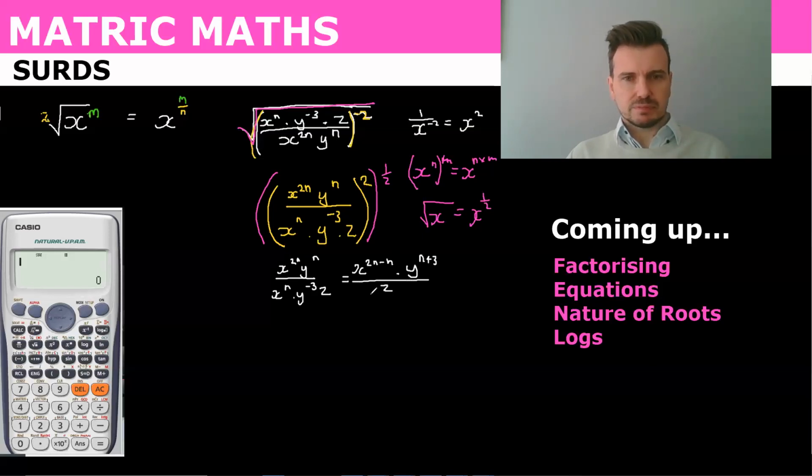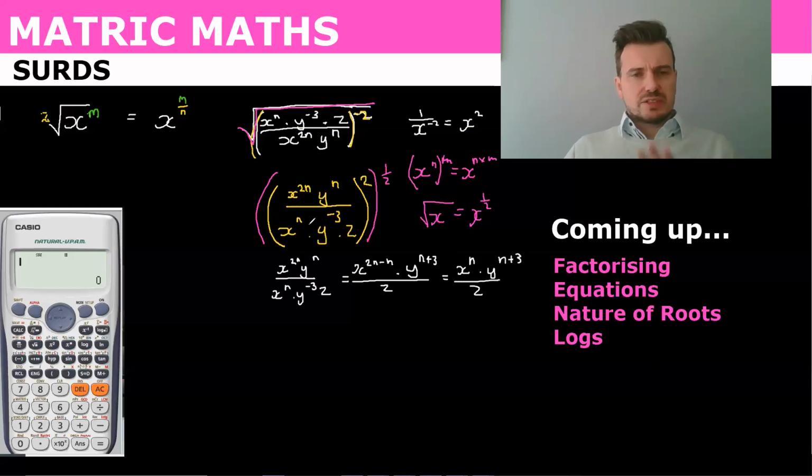And then 2n minus n is n. So it's x to the n, y to the n plus 3 over z. So that's the sort of exponential expression that you can expect, more close to what you can get, not something simple that you saw maybe in grade 8 and 9.